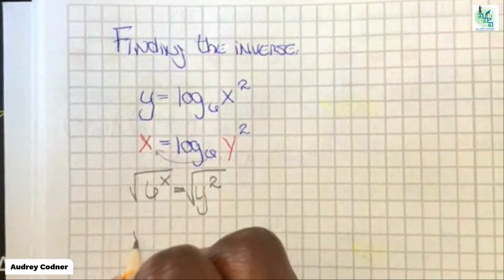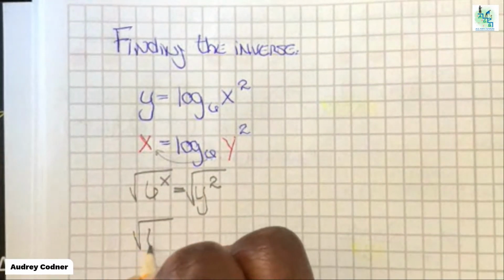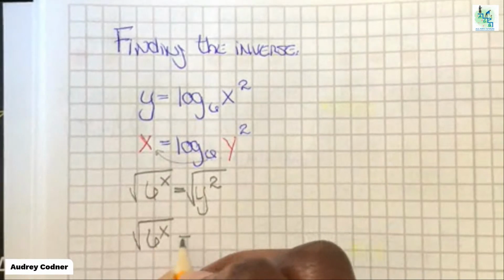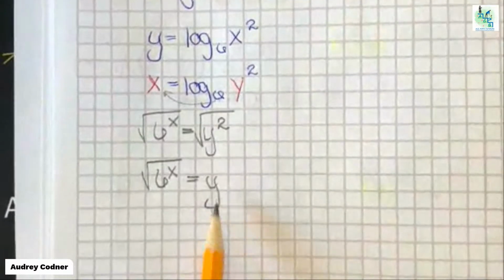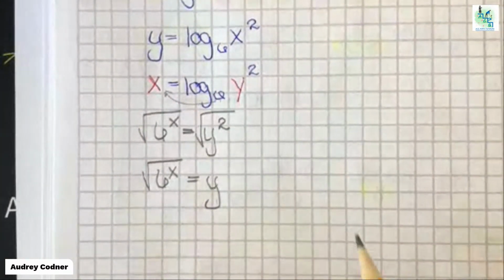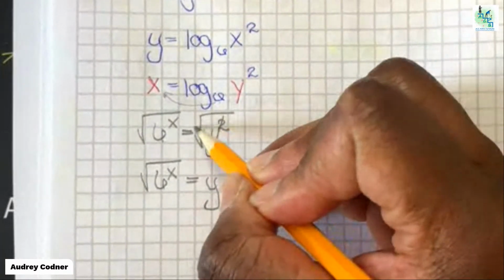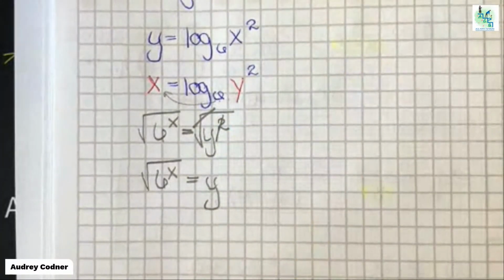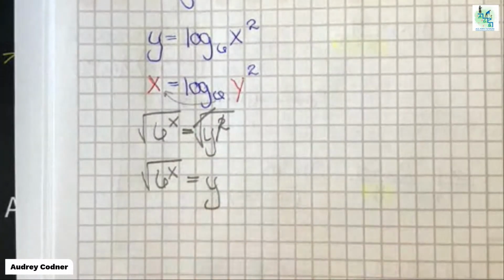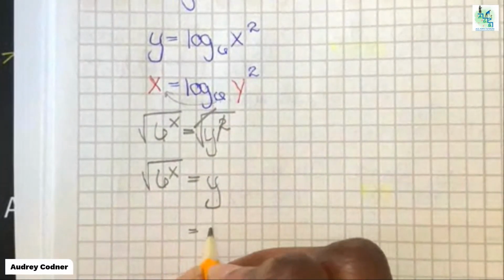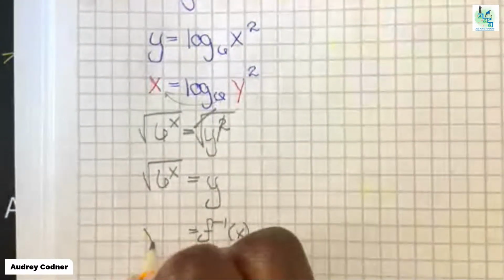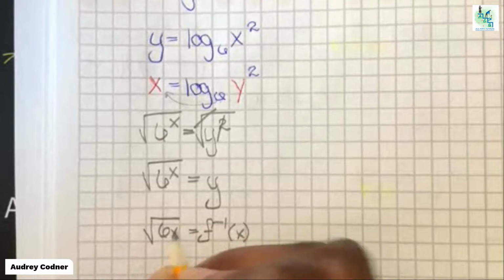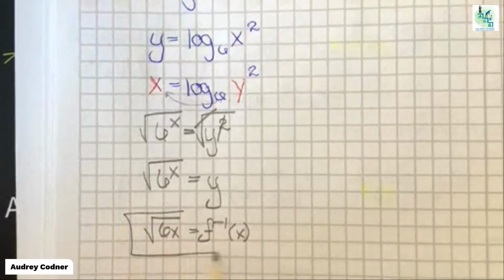So now that means we have the square root of 6^x is equal to y. And is my y by itself? Yes, because squares and square roots cancel each other out. They're inverses of each other. So if that is the case, we basically found the inverse of that equation.